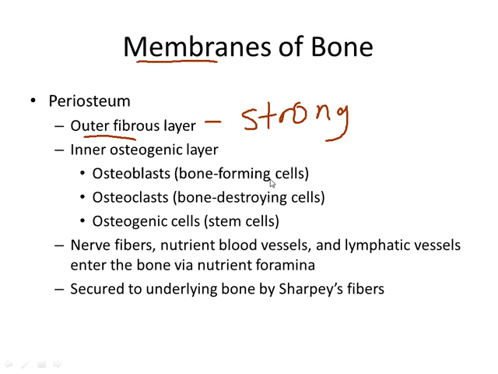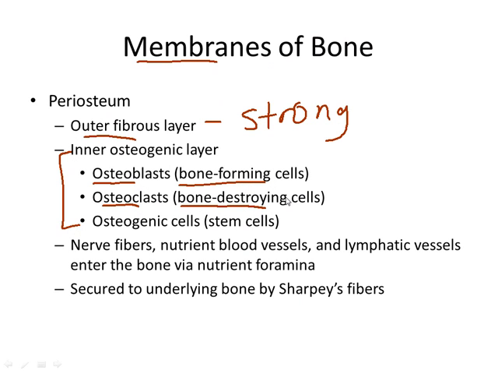And these are the cells that you find on the inside of the periosteum. You have osteoblasts, osteoclasts, and osteogenic cells. Now you're going to need to remember which one of these do what. Osteoblasts make bone. Osteoclasts break down or destroy bone.